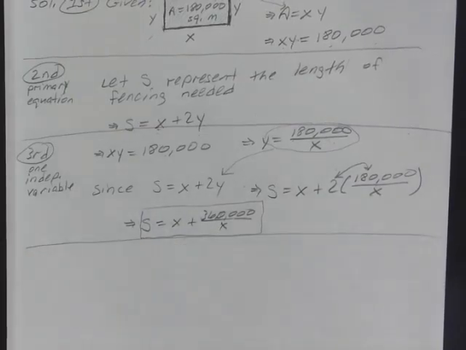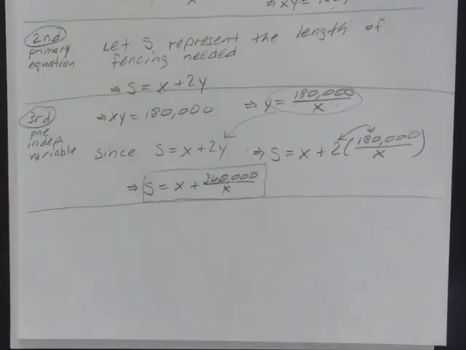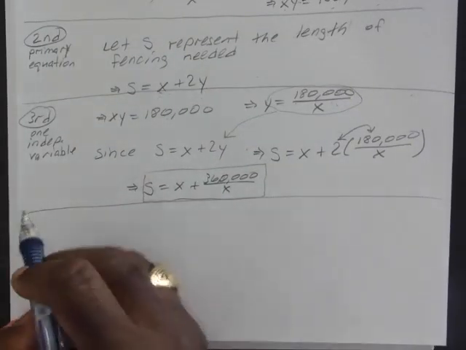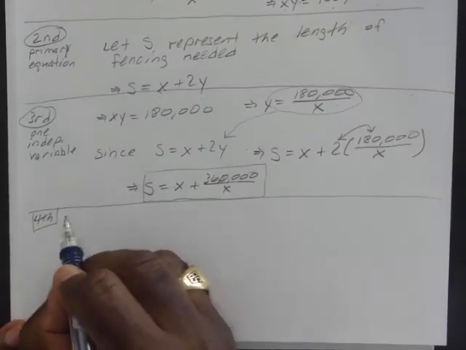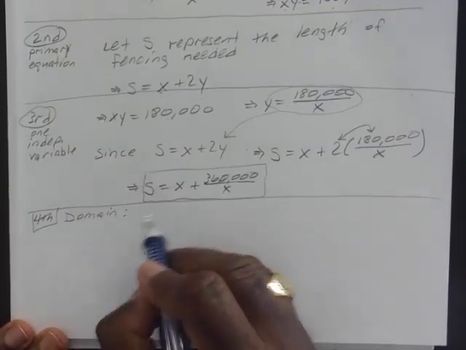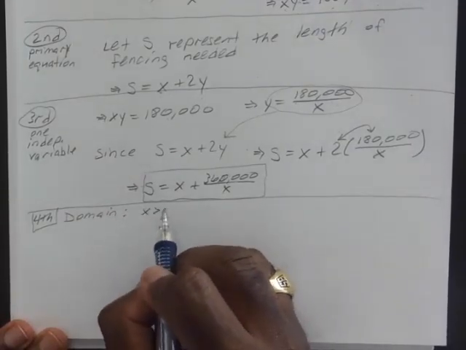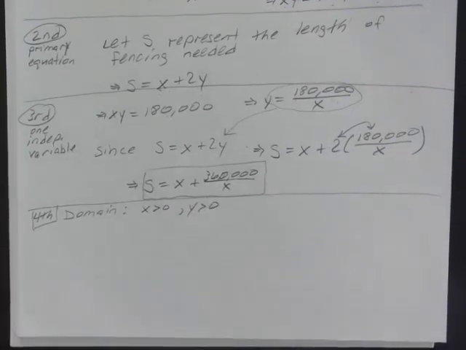Okay, so now that we have our one independent variable, we just have to find the derivative of that to give us our minimum or maximum. And again, the fourth step, in this case, you could skip it because it just shows x is greater than 0, y is greater than 0. Like I said, in some cases it's completely necessary, but in cases like this, it's kind of obvious, but it doesn't hurt.